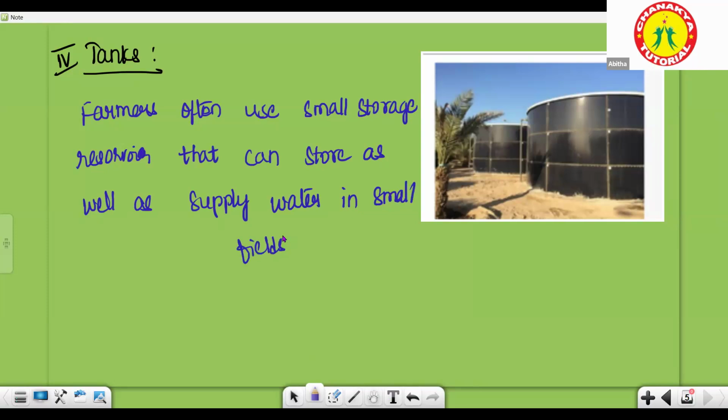Understand about tanks? Tanks are like storage containers which can store water as well as supply water in small fields.